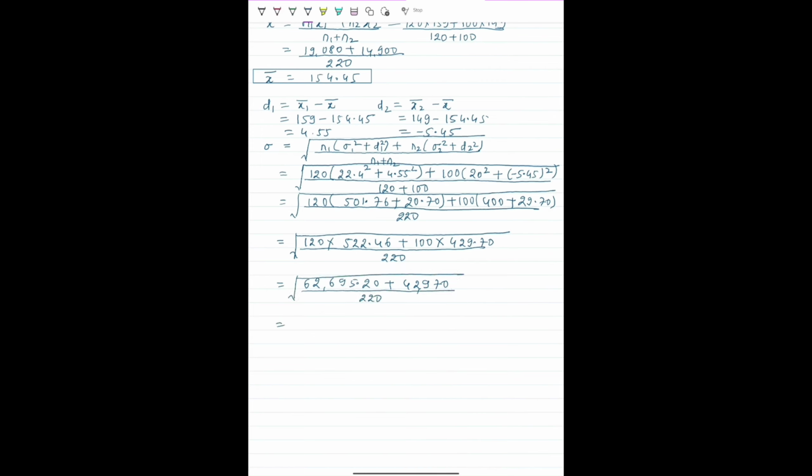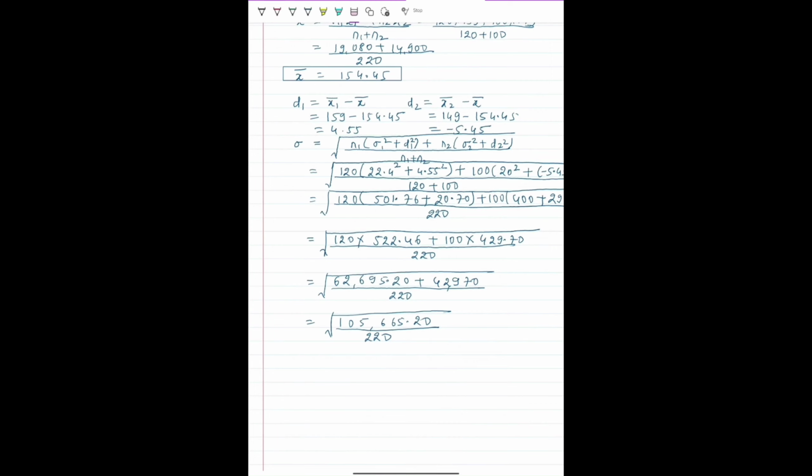Now the numerator we have is 1,05,665.20 divided by 220, and we need to take the square root of this. Dividing this, we get 480.30 after rounding off.